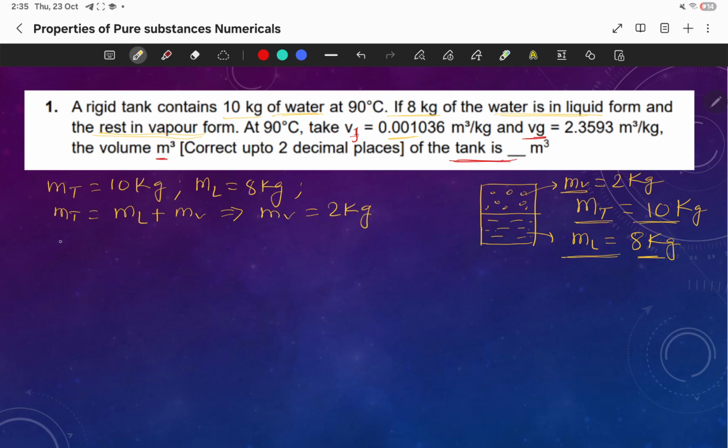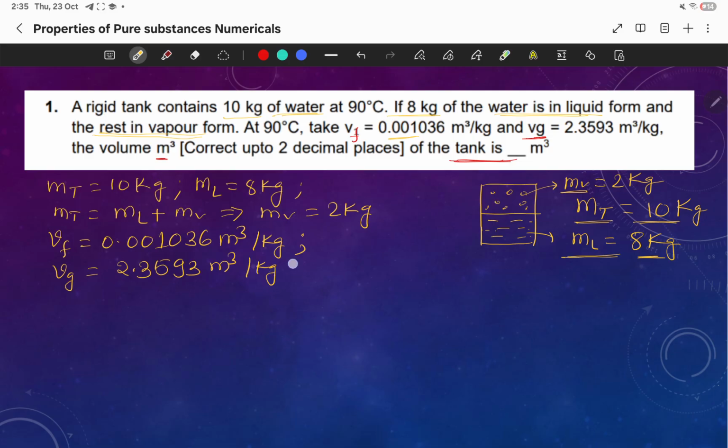And what is given: Vf is 0.001036 meter cube per kg, and Vg is 2.3593 meter cube per kg. Okay, so this is Vf, Vg.